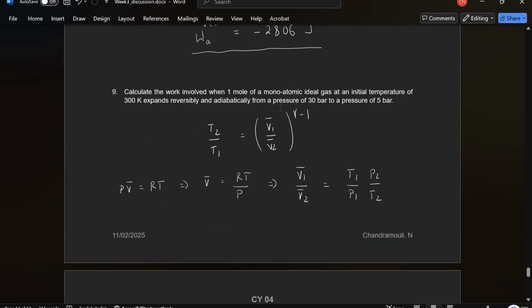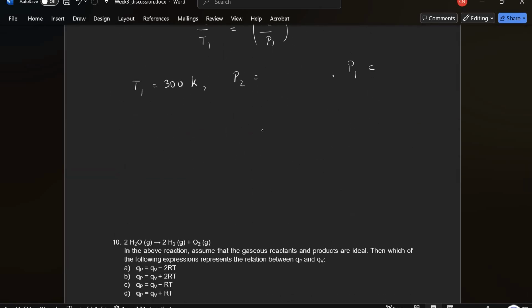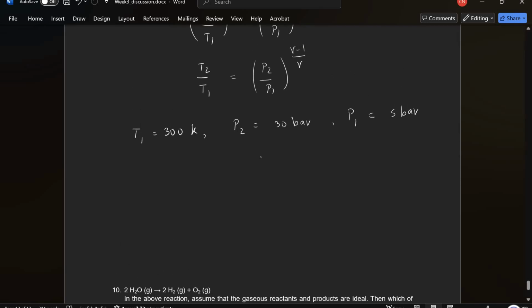So it goes from pressure P1, which was initially 30 bar, to a pressure of 5 bar. Since this is an ideal monatomic gas, gamma is 5 by 3.